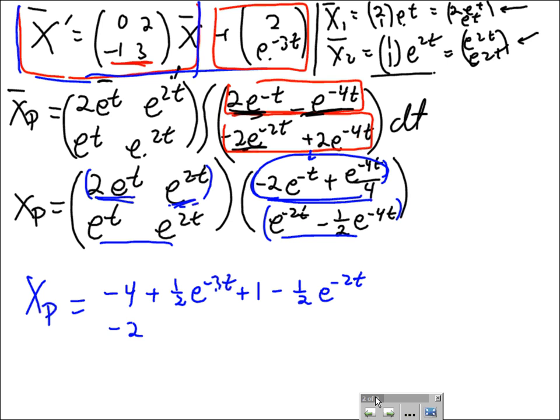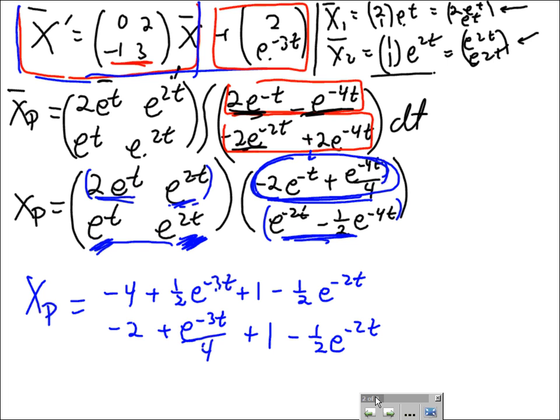Okay. Now I'm going to multiply e to the t by the top entry. And I get -2 plus e to the -3t over 4 plus this times that, plus 1 minus 1/2 e to the -2t. Combining a little bit, so that's x_p.